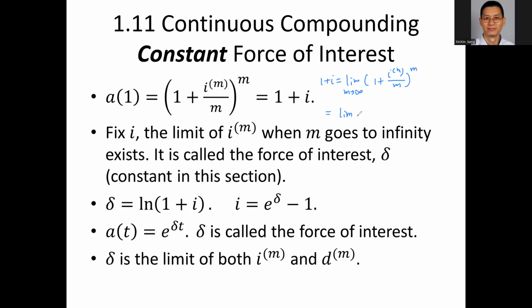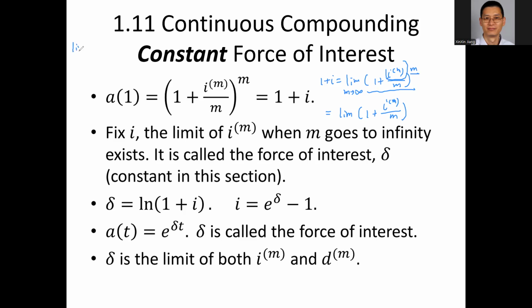The limit I told you earlier doesn't require m to be an integer. When m is a real number, it's fine. But if you directly take the limit of this, it doesn't give you e, because you have this term inside but you don't have this term outside. So we need to come up with exactly the same form, 1 over m.